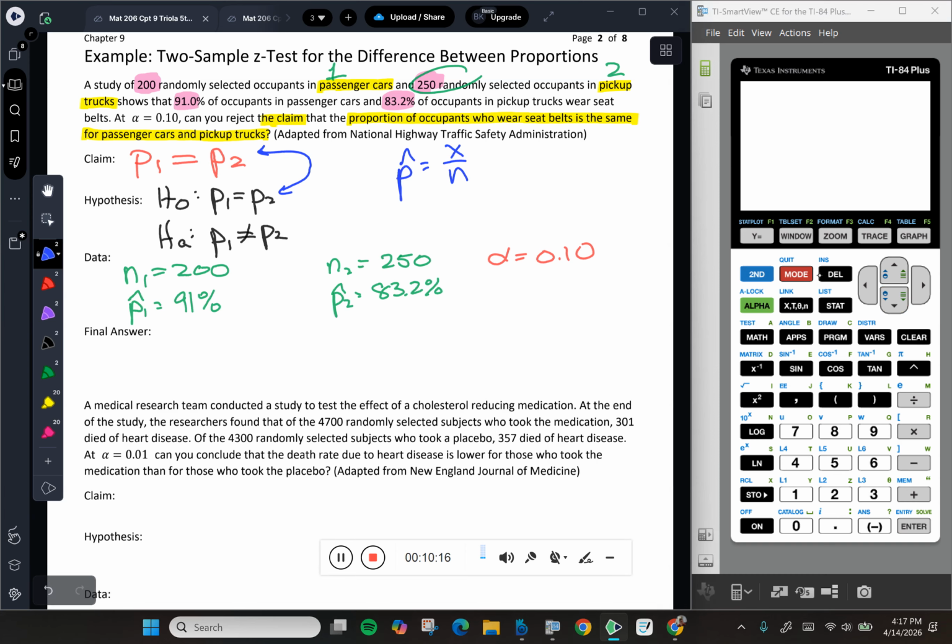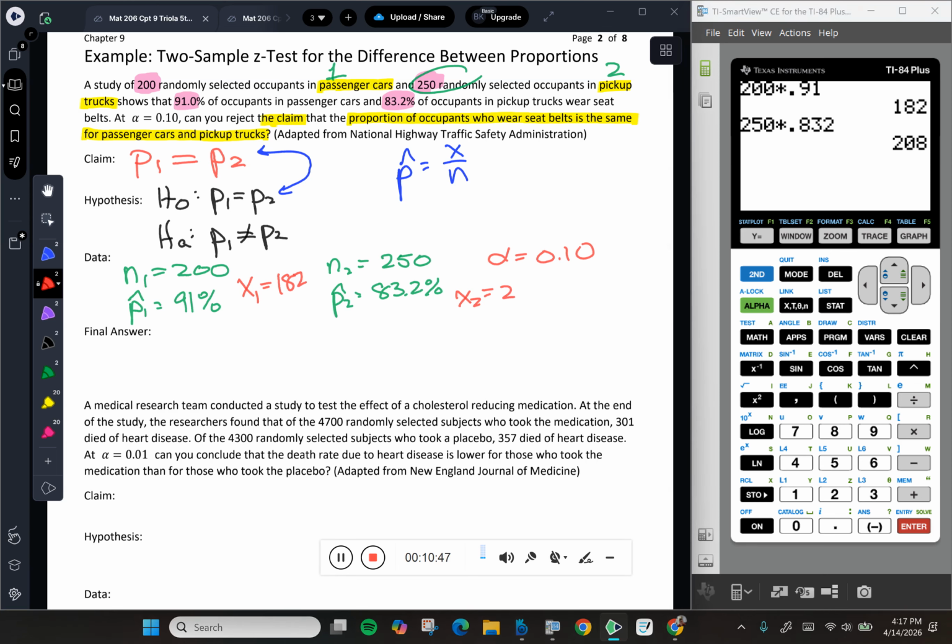So I can find my x1 by taking my n1 and multiplying it by my p hat for group 1, and I get that this is going to be 182. And I can find my x2 by doing essentially the same thing with 250 times 0.832. And that gives me 208.